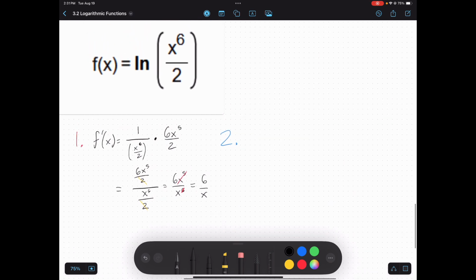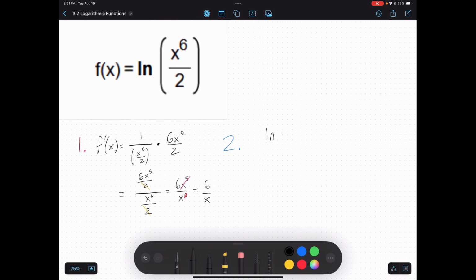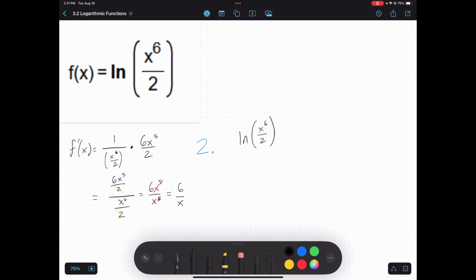Instead, let's think about using my log properties. If I have the natural log of x to the 6th over 2, what log properties can I use? Well, first off, I can use log property number 4, which tells me that I can split this up into 2 different logarithms separated by subtraction. Why? Because I had 2 things that were divided inside of my natural logarithm.